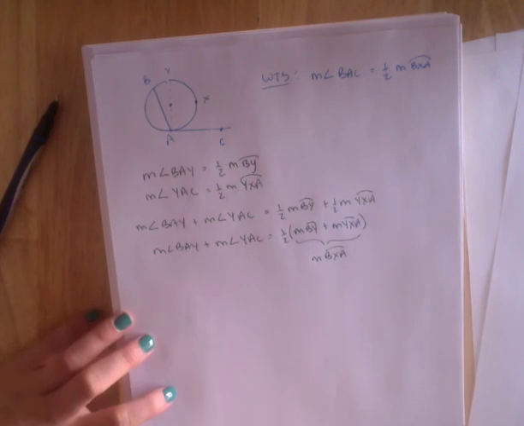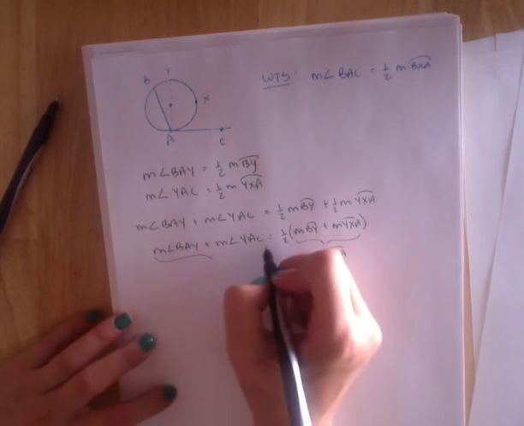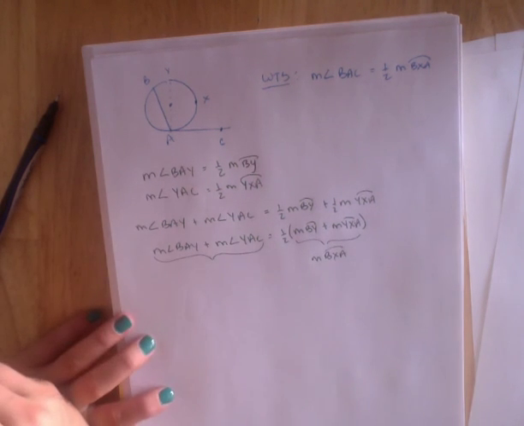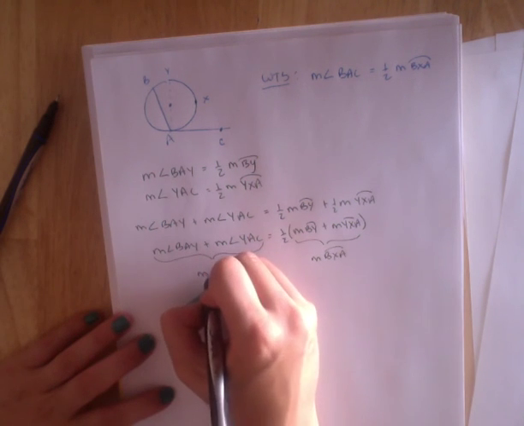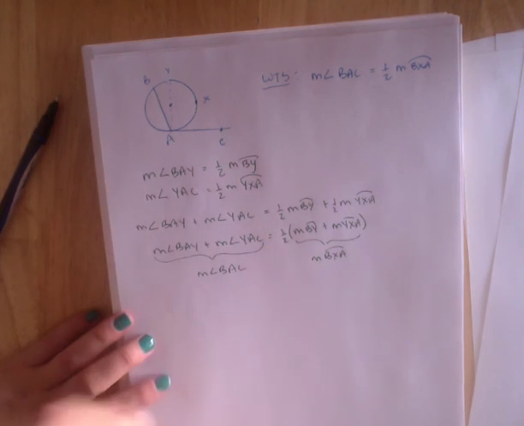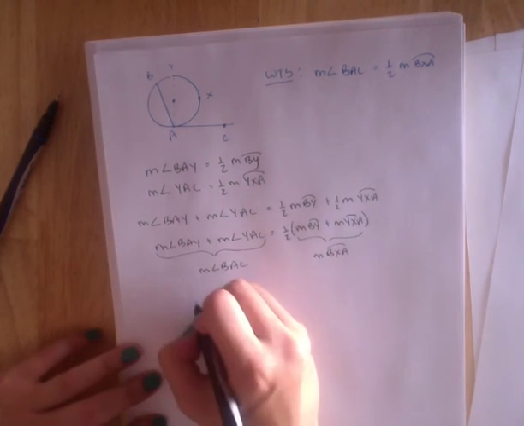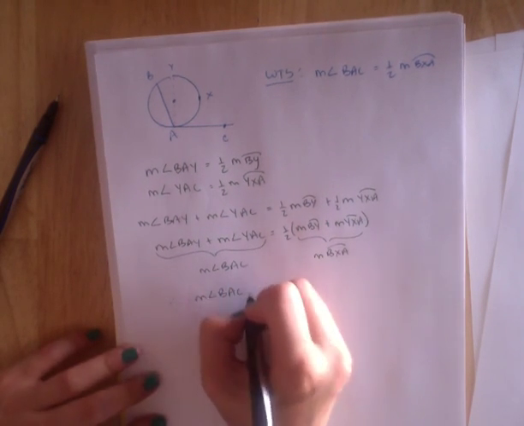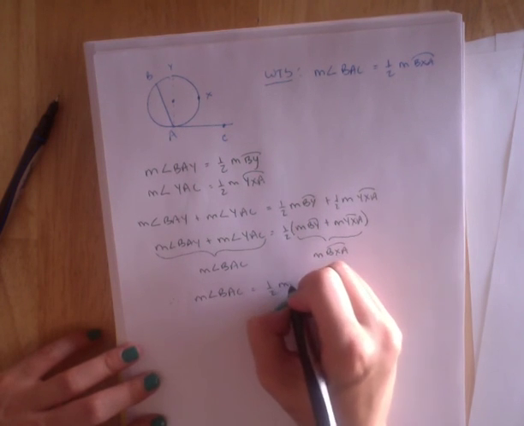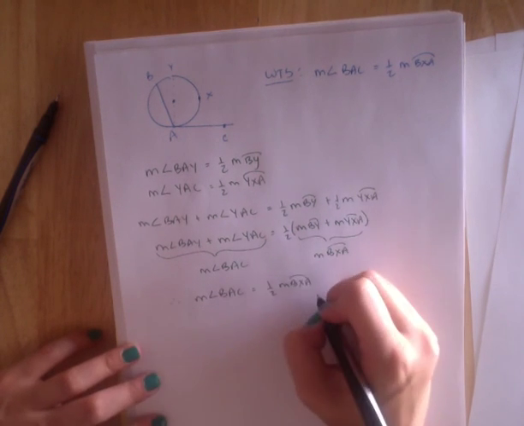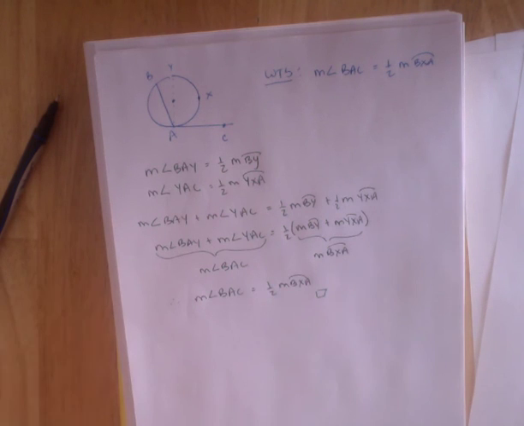I also know that the measure of angle BAY and the measure of angle YAC is the measure of angle BAC. So therefore, my 3 dots mean therefore, the measure of angle BAC is 1/2 the measure of BXA, and we're done. That's kind of your end period of the sentence. Okay?